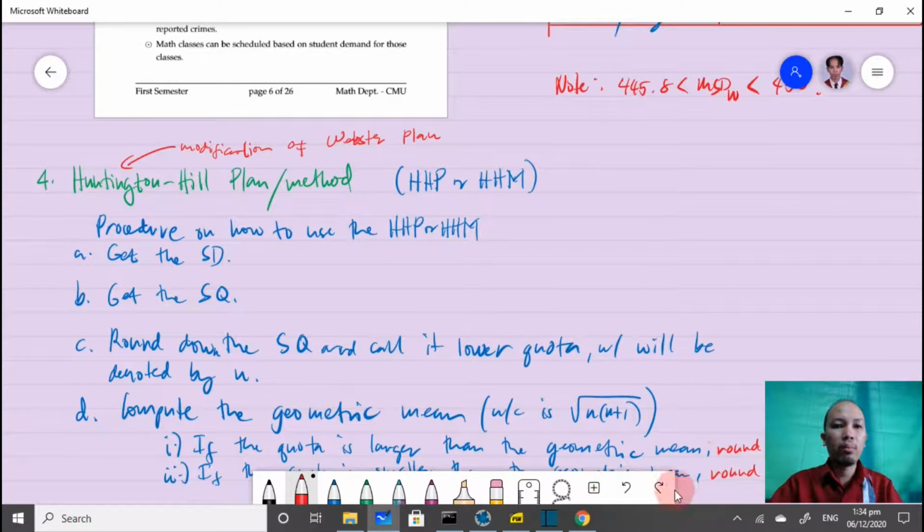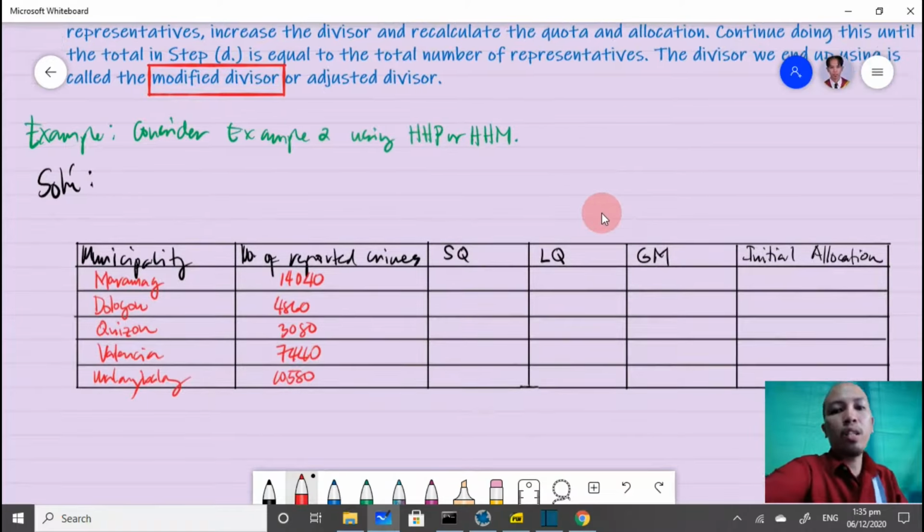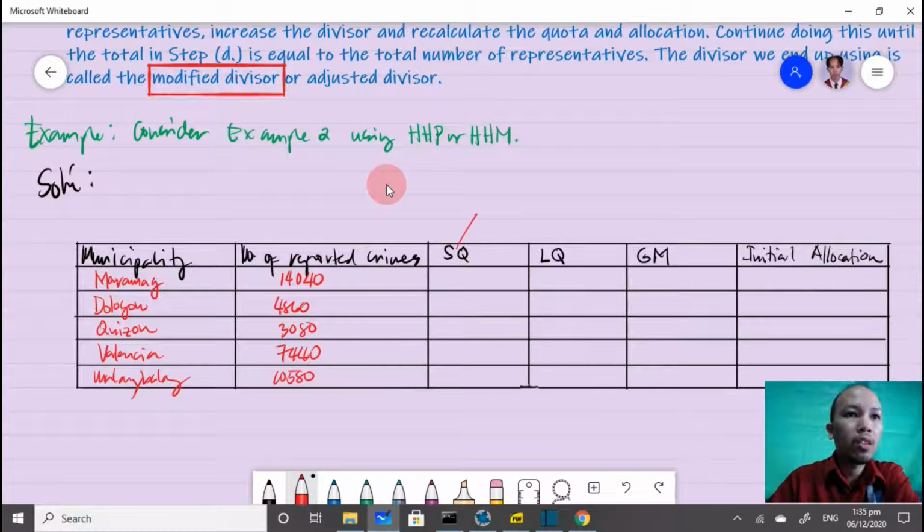So maybe let's move up somewhere here. As before, we use the standard divisor to be 444.44. Let's try that one.